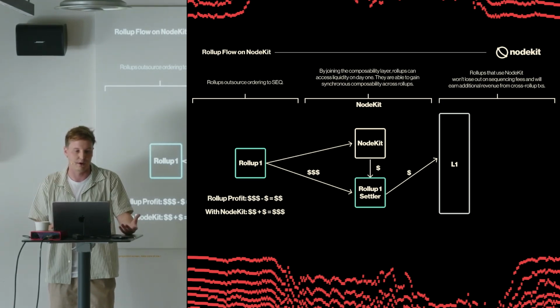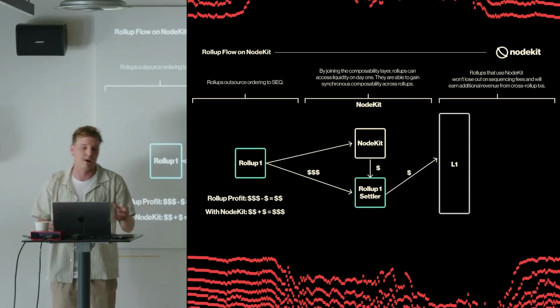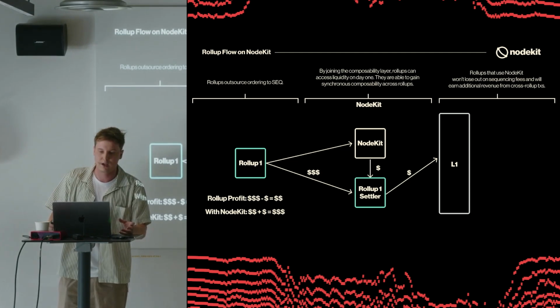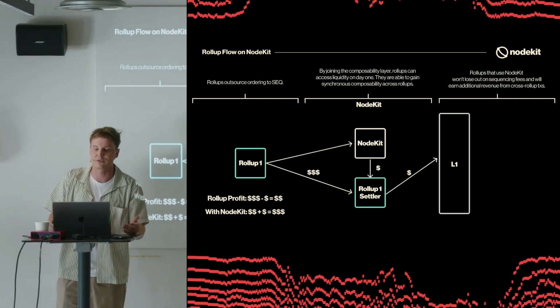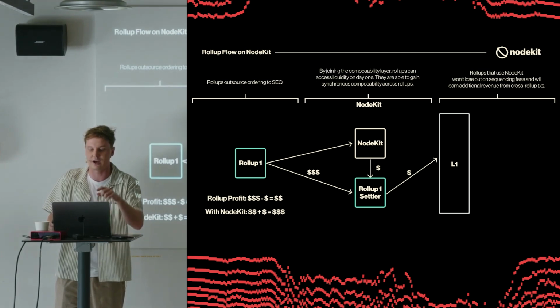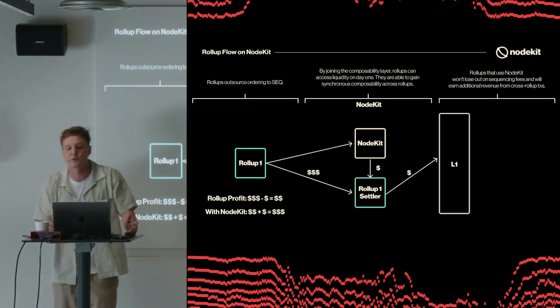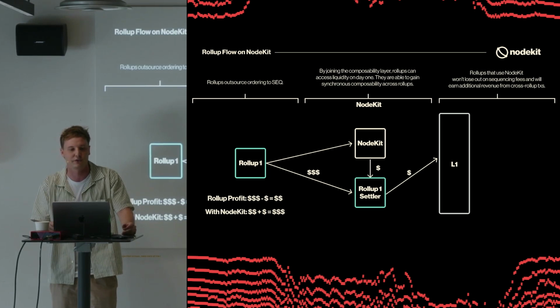With rollups on NodeKit, the rollups flow is ordered to Seek, and then by joining the composability layer, rollups can access liquidity, and they are able to synchronously compose across rollups. Those cross-chain messages are actually profit shared with the rollups themselves, and then it is also posted to the L1. So at the end of the day, rollups that use NodeKit won't lose out on sequencing fees, and they will earn additional revenue from cross-rollup transactions.